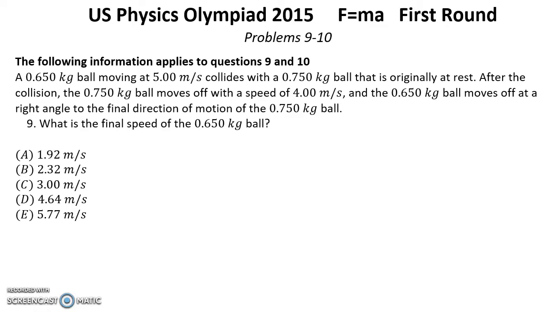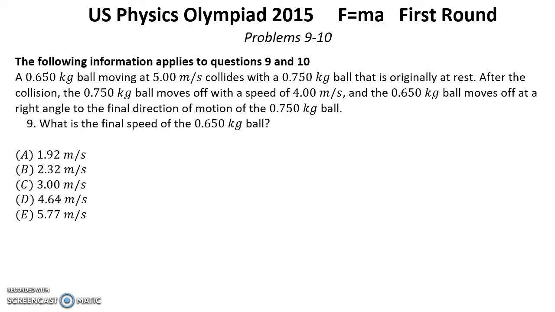Problems 9 and 10. The following information applies to questions 9 and 10. A 0.65 kg ball moving at 5 meters per second collides with a 0.75 kg ball that is originally at rest.